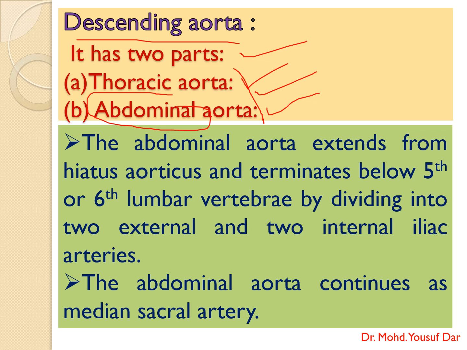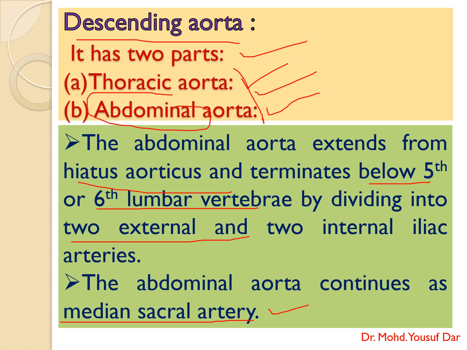The abdominal aorta extends from the hiatus aorticus and terminates below the fifth or sixth lumbar vertebrae by dividing into two external and two internal iliac arteries. Then the abdominal aorta will continue as the middle or median sacral artery. So at the level of the fifth or sixth lumbar vertebrae it quadrifies.